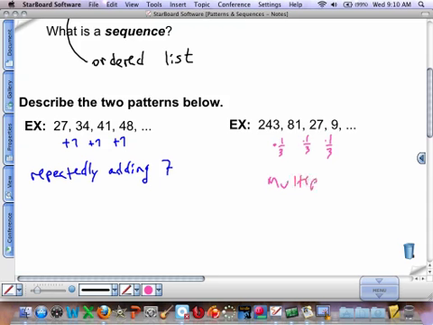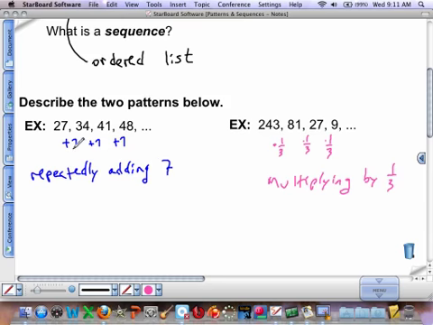Now here's the key thing. This is just a little bit of a preview for tomorrow. There are two special types of sequences, arithmetic and geometric. With an arithmetic sequence, it's repeated addition or subtraction.